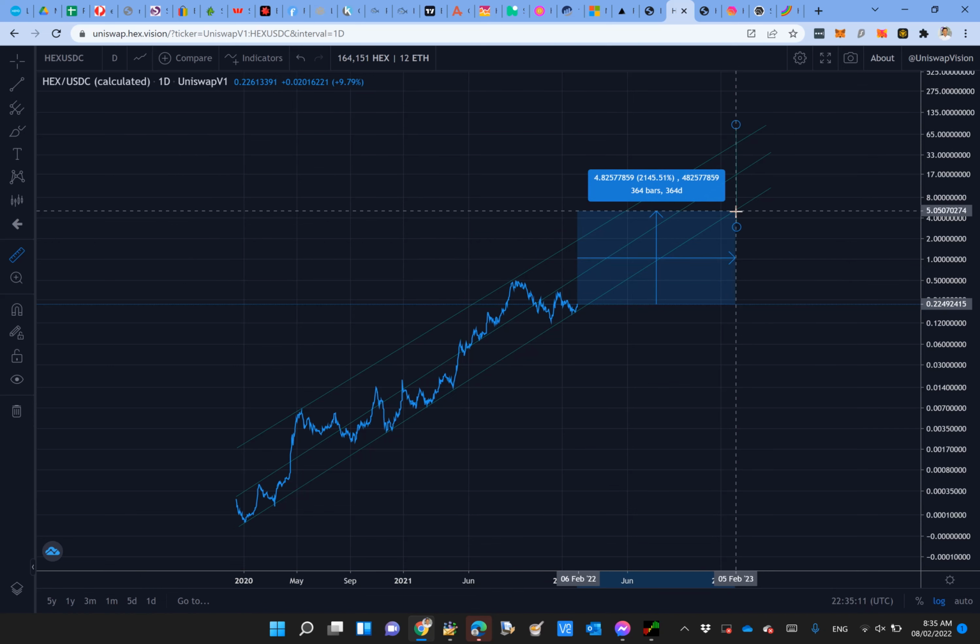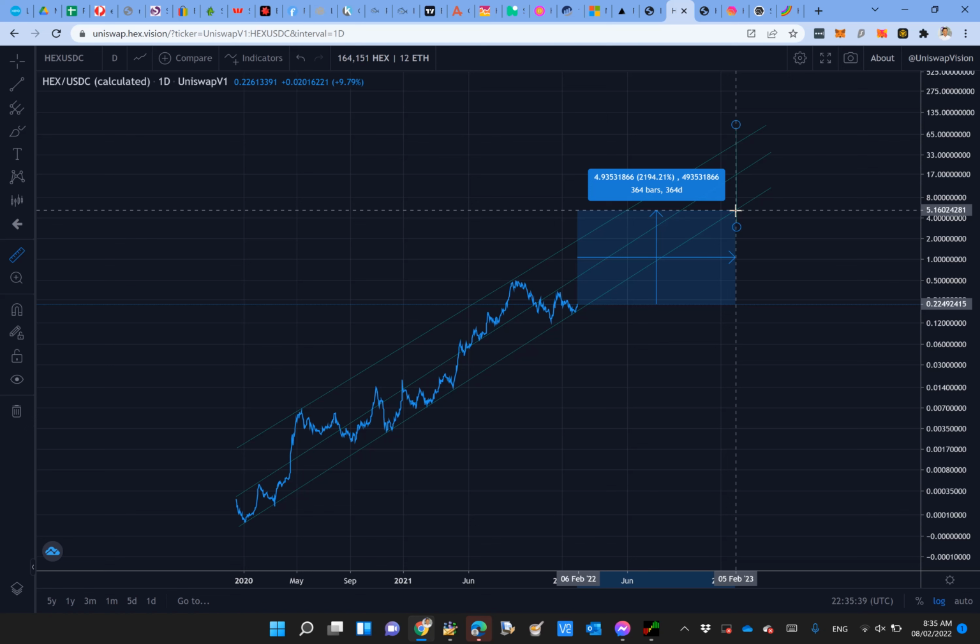Once you put it down here, you can see how many percent increase that is in a year. That's 2194%. So a 100% increase is 2x, a 200% increase is 3x. So 2194% is about 22x or 23x.